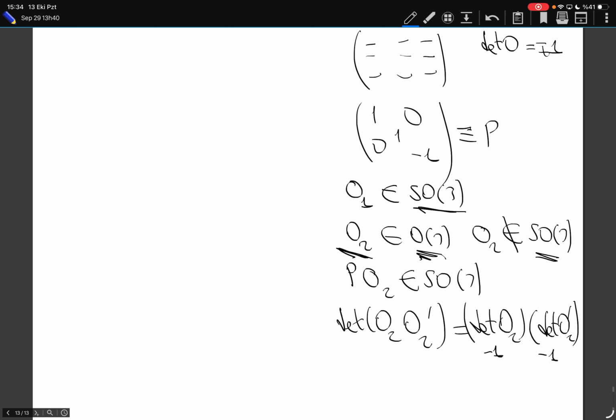So the product doesn't have the same determinant. But if you look at any elements over here, their determinant is 1, their product will have the same determinant. So these form a group, these do not form a group.